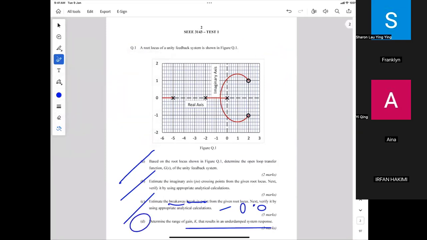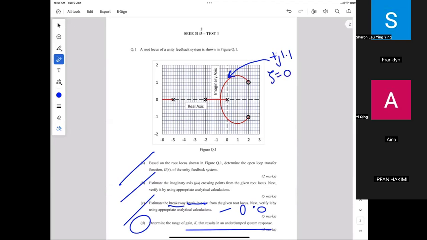Value of gain. 0.48. What is the K? K is 2.2. This one?